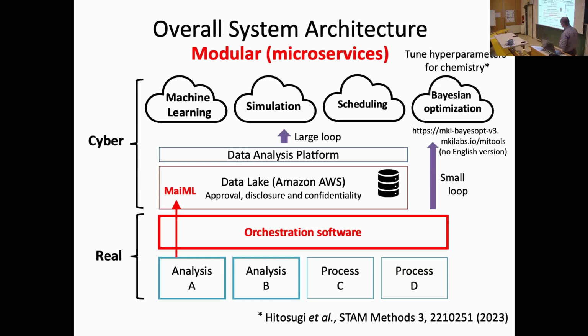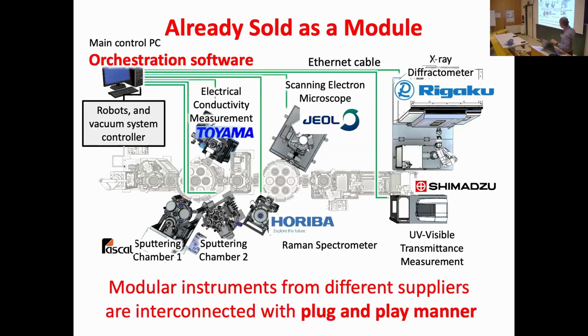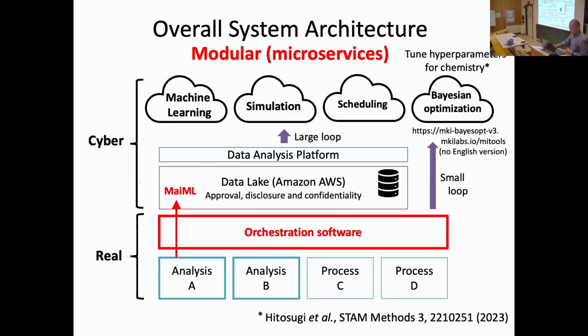And now we ask all the vendors to standardize. We asked for many standardizations. Like if we want to connect these devices, the sample holder is standardized. The sample itself is standardized. So standardization is the key to connect all the things.